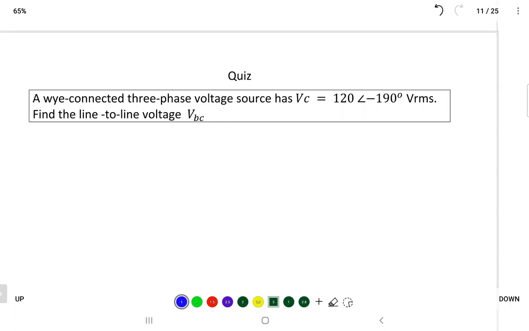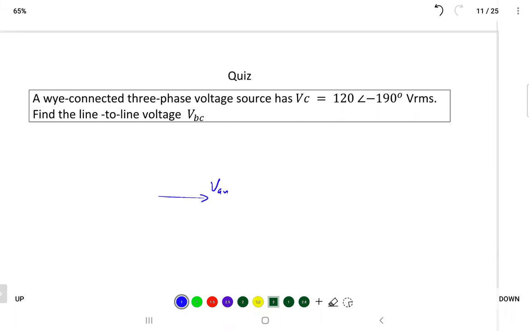All the sequences. You have to remember the sequence.